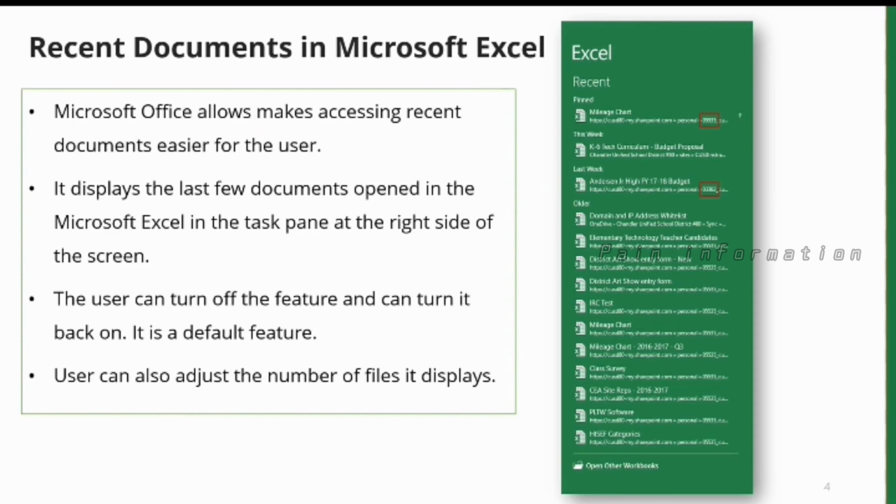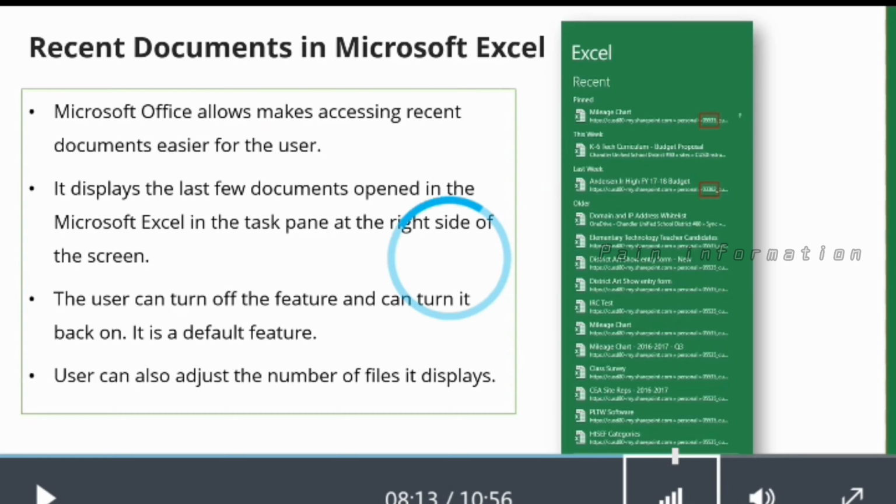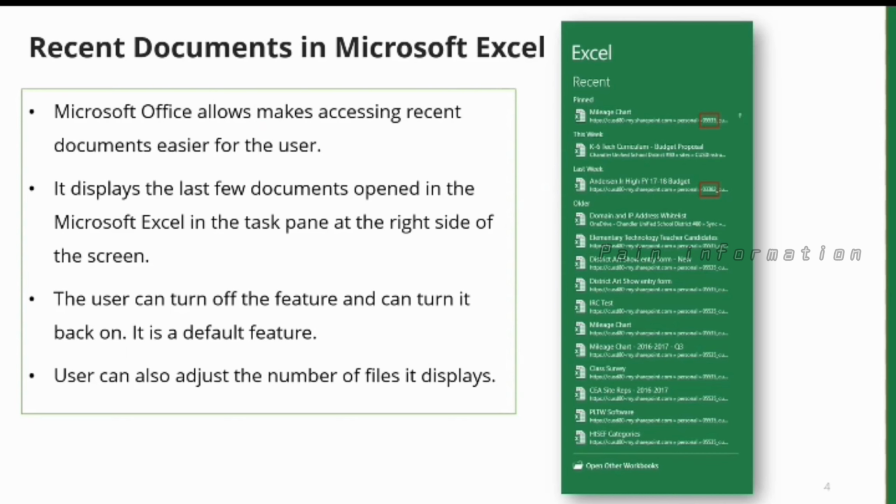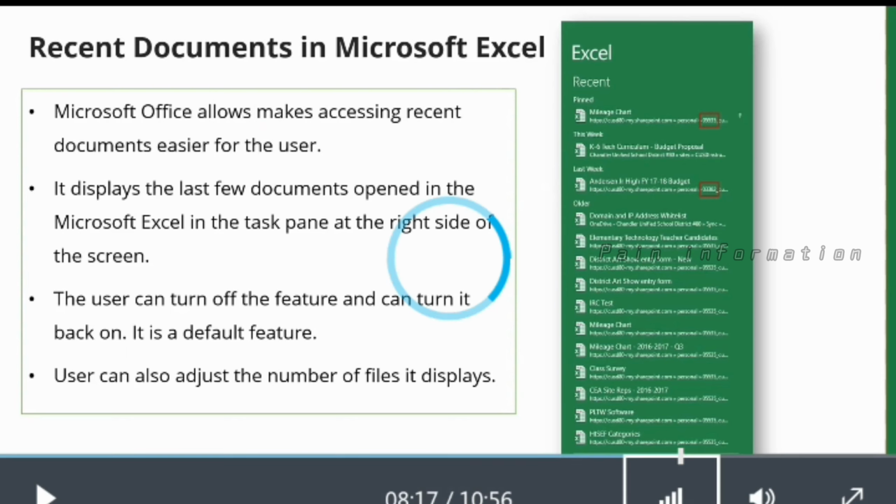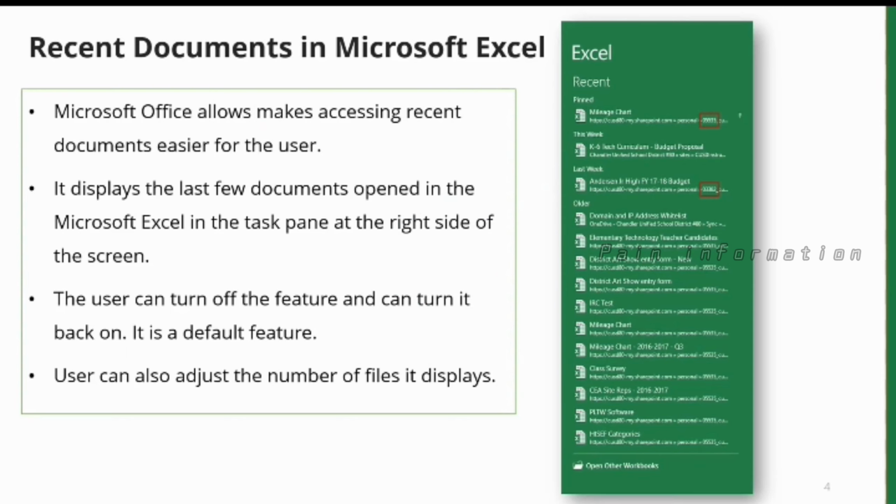One, you already know in which folder it is saved, so you do not have to worry about looking and searching for it. Secondly, if you're accessing and opening it frequently, it will already appear in the recent documents.